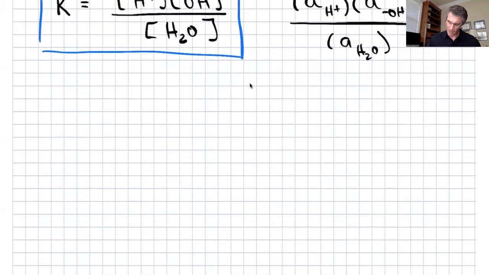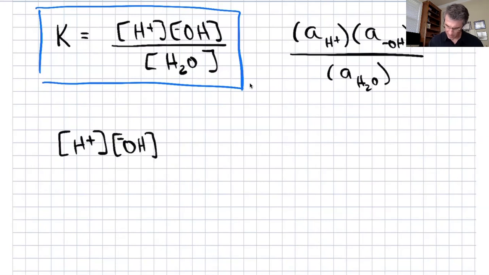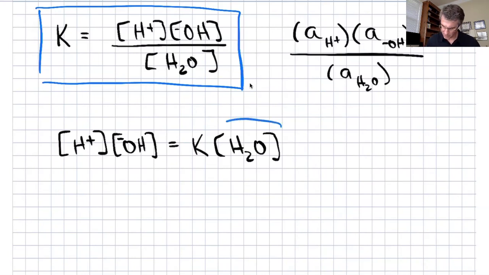Okay, so we can expand that expression out so that it looks something like this, multiplying through, where the proton concentration times the hydroxyl concentration is simply equal to that equilibrium constant times the concentration of water. Okay, so this expression carries something a little odd about it, which is the concentration of water.